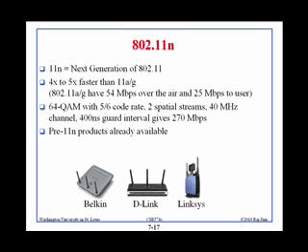So 64 QAM with 5/6 code. So basically 64 QAM gives you 6 bits per hertz, but you only use 5 bits. 5 bits you use, and the 6th bit is used for error correction. And 2 spatial streams. So 2 spatial stream is this MIMO thing we talked about. 2 streams in parallel. 40 megahertz channel.